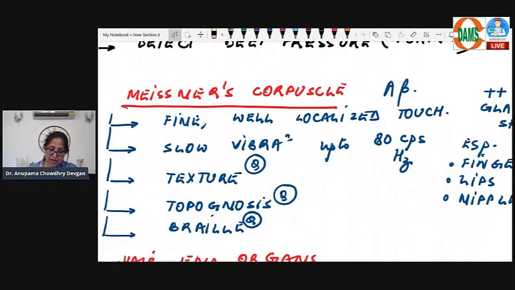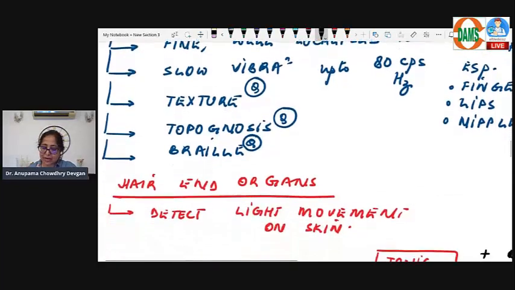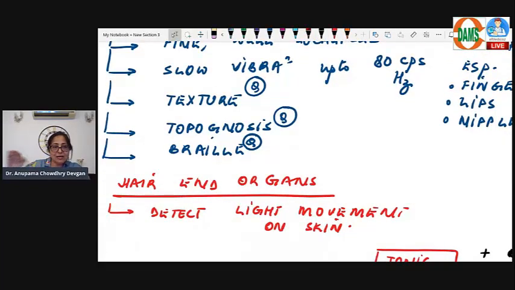Meissner's corpuscles: fine, well-localized touch, slow vibration, and texture, topognosis, braille. If you have a question on fine, well-localized touch, it is Meissner's; for texture, topognosis, and braille. Remember braille: he is running his fingertips rapidly over a paper which has elevations and depressions, right?